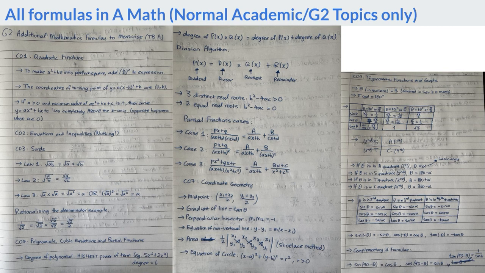the use of ASTC. Yeah, now until now I still got someone asking me what is ASTC. Okay, ASTC stands for all, sine, tangent and cosine. So what it means is all means every single function, which is your sine, cosine, tangent, will always involve the first quadrant.